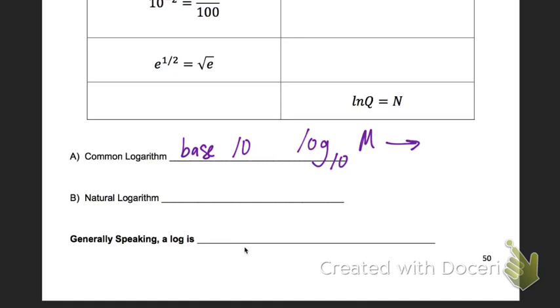You may just see it written like log of m. So if there's nothing there, it's implied that it's a 10.